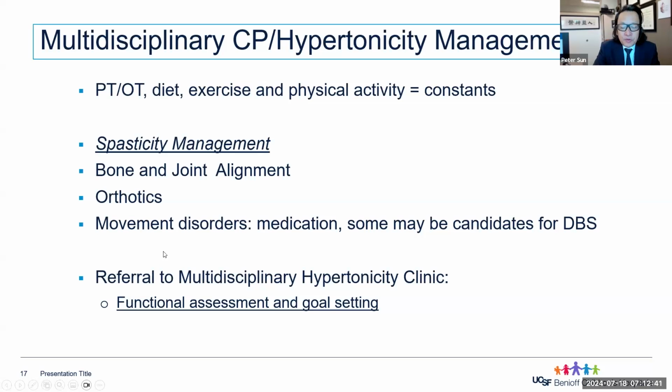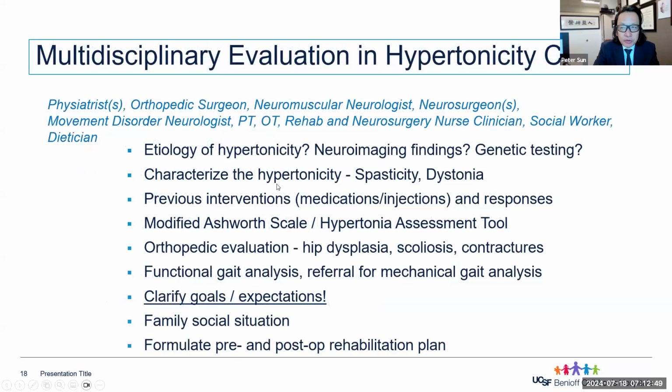So when we refer a patient to our hypertonicity clinic, we're really talking about a multidisciplinary evaluation by our physiatrist, orthopedic surgeons. We also have a neuromuscular neurologist, neurosurgeon myself, movement disorder neurologist, PT, rehab, nurse clinician, social worker, and dietitian.